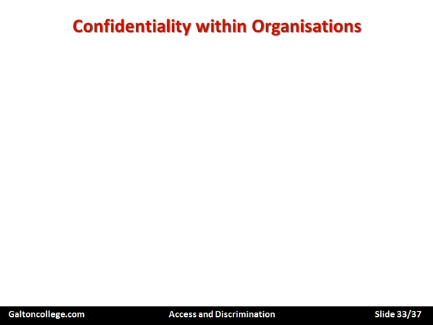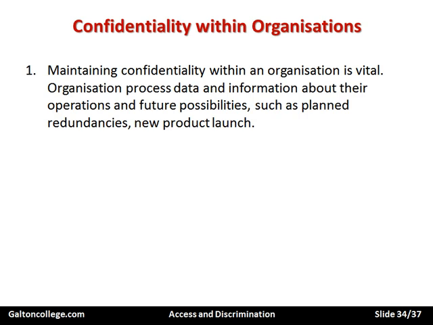Confidentiality within organizations. Well, maintaining confidentiality within an organization is vital. Organizations process data and information about their operations and future possibilities, such as planned redundancies and new product launches. Well, companies do have secrets. And it's important that the companies are able to maintain their secrets. This is commercial secrecy.